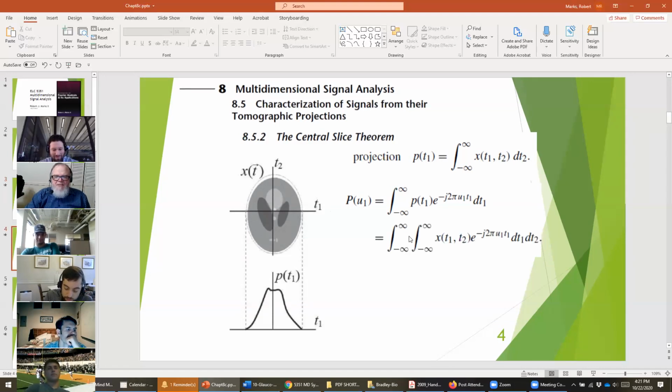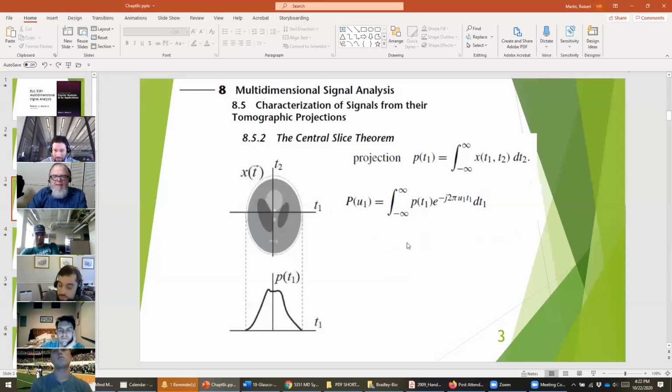Now, you'll notice that if we take the Fourier transform of this, we can substitute in the definition of the projection. What's the projection? Maybe I should back off here.